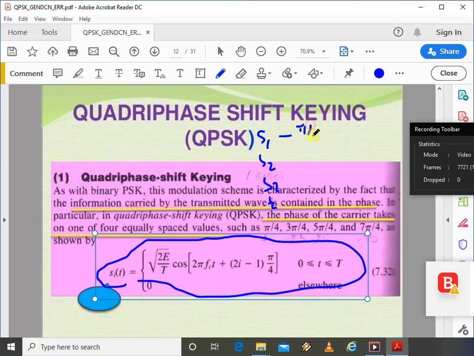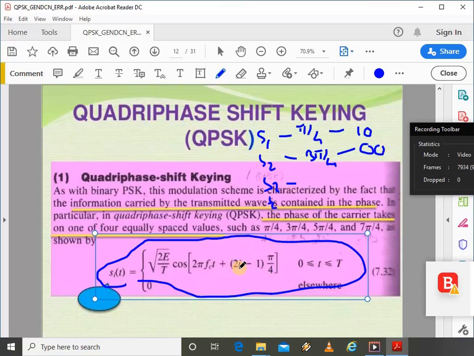This particular signal I am going to use to represent the dibit 10, for example. Similarly, by keeping i equal to 2 here, you will get cos of 2 pi fc t plus 3 pi by 4. This phase reference I am going to use to represent the dibit 00.